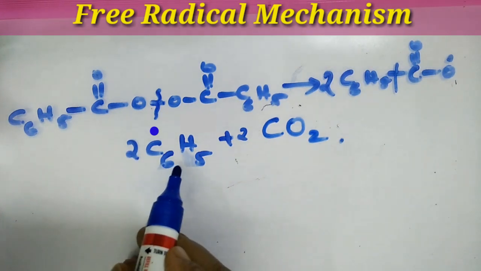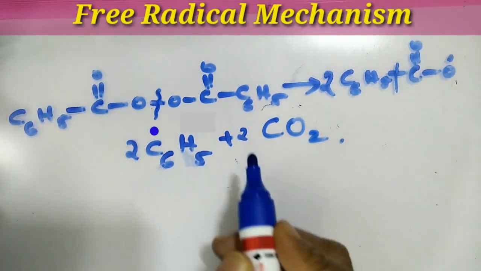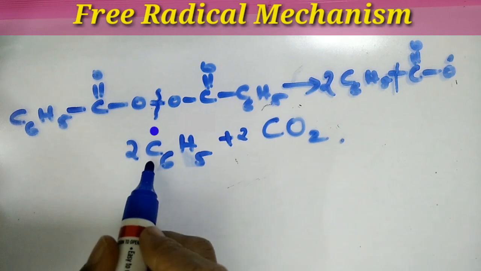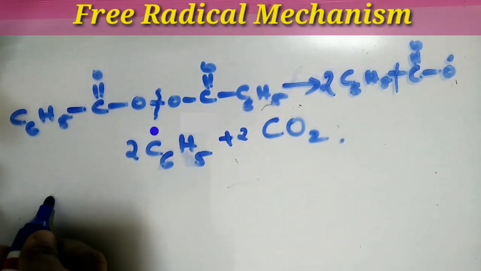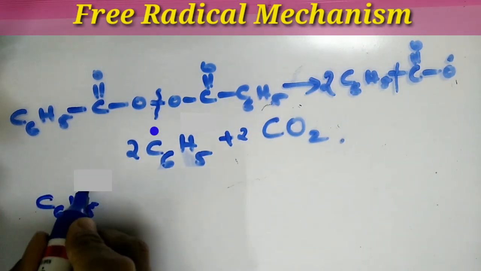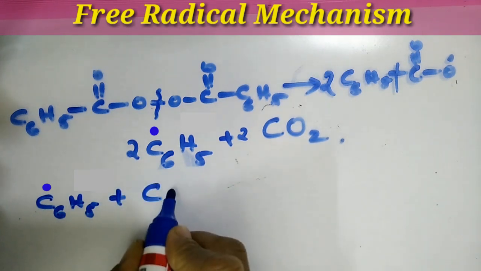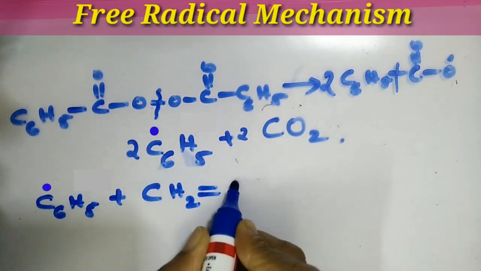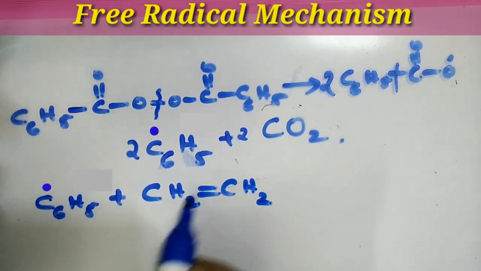The reacting sample has ethene also, and this reacts readily with ethene. The C6H5 free radical reacts with the ethene molecule readily. So what will happen?